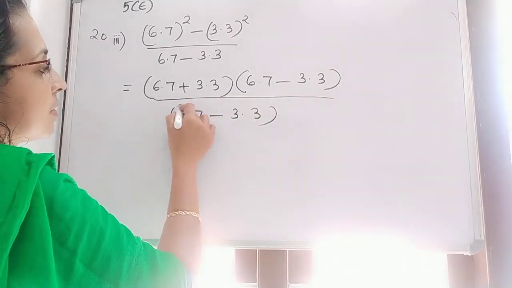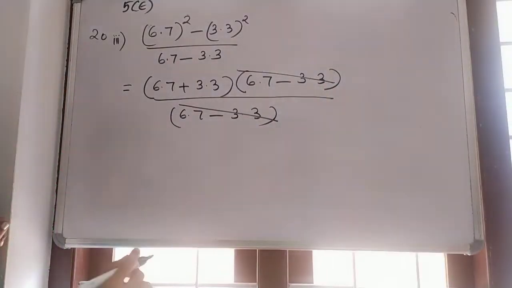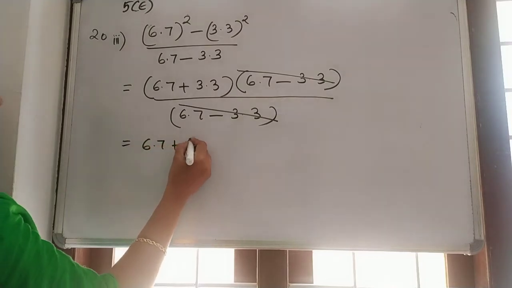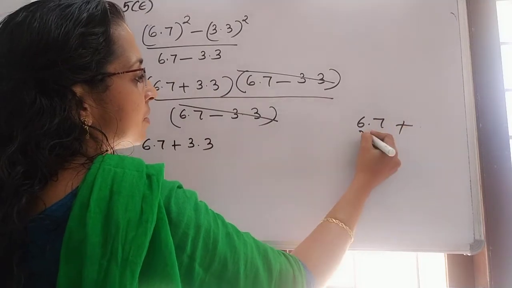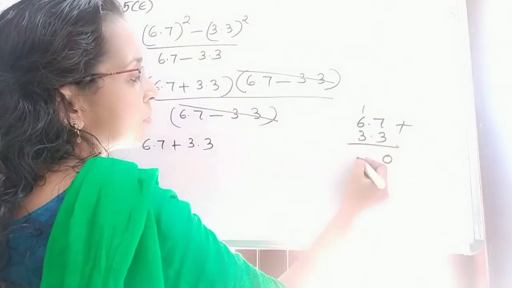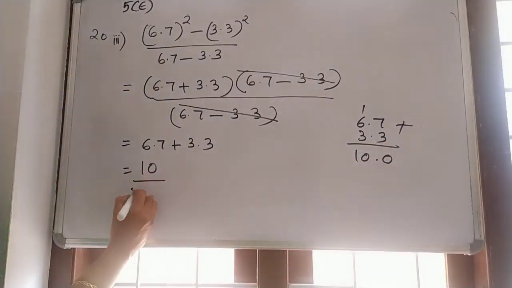So we can cancel the 6.7 minus 3.3 and 6.7 minus 3.3 directly. No need of subtracting. So this balance will be 6.7 plus 3.3. So do in the working column 6.7 plus 3.3. So 7 plus 3, 10, 0, balance 1, 6 plus 4, 10. So 10.0, that is 10.